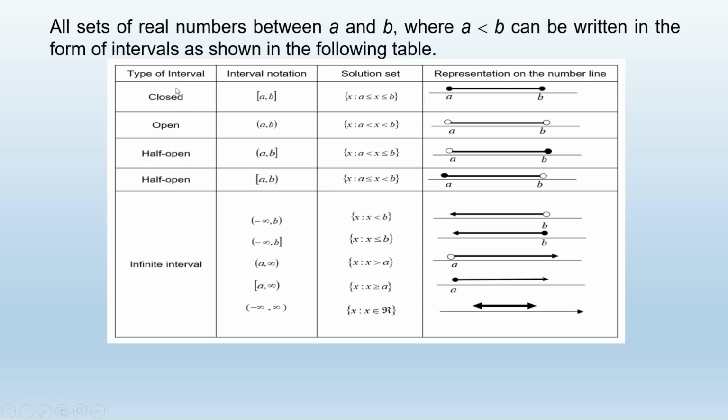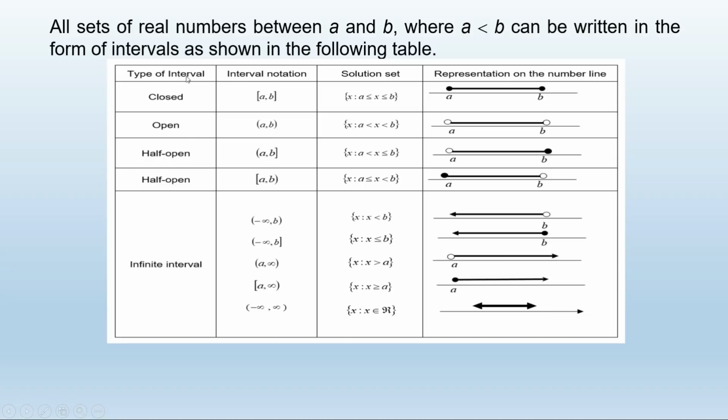For open interval, interval notation from A to B, not including A and B, solution set x where x is greater than A and less than B, we present on the number line. From A to B, we draw at A an empty circle, and at B also an empty circle.